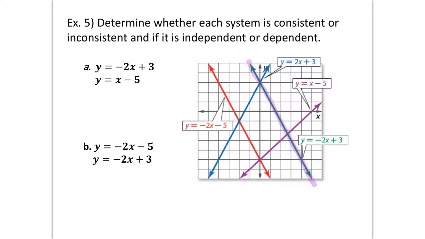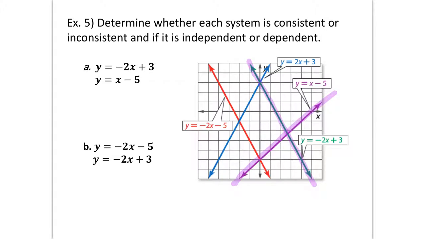And the other one is y equals x minus 5. So y equals x minus 5 is this one, and it's actually purple. So I'm just going to highlight this again, and we are looking at these two lines right here. So what do we have? The two lines are intersecting at 1 point, just one. So that means that this is a consistent independent.